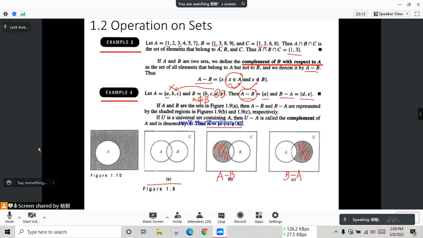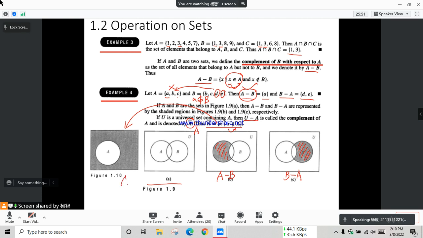Look at the last paragraph. If U is a universal set containing A, then U minus A is called the complement of A. That is denoted by this symbol. It means the elements that do not belong to A. So look at this Venn diagram.